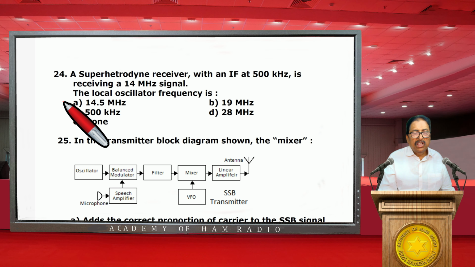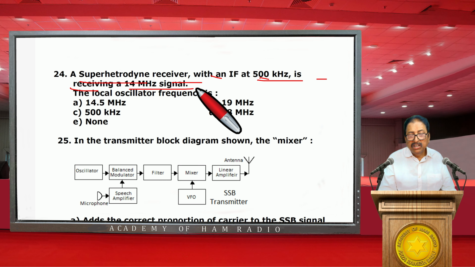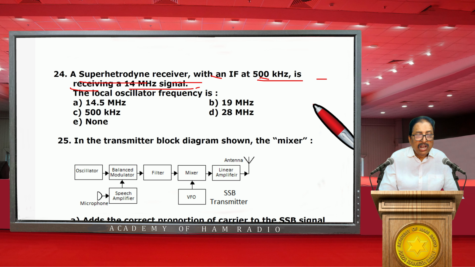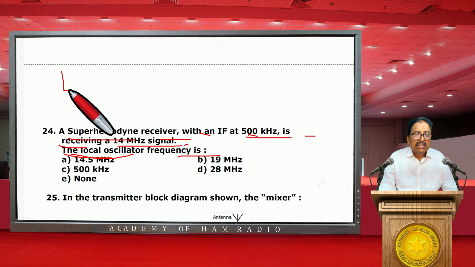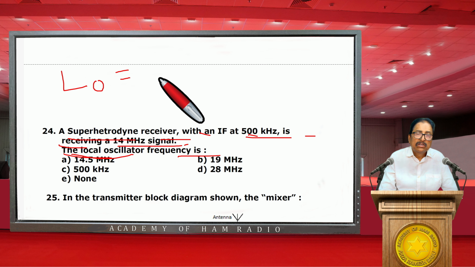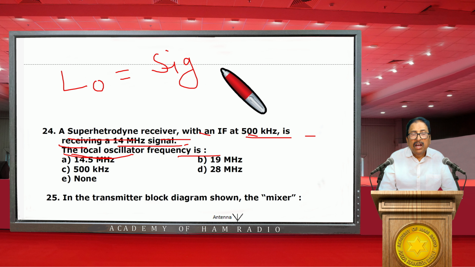A superheterodyne receiver with an IF of 500 kilohertz is receiving a 14 megahertz signal. The local oscillator frequency is: we have to find the local oscillator. The local oscillator frequency is equal to signal plus IF.